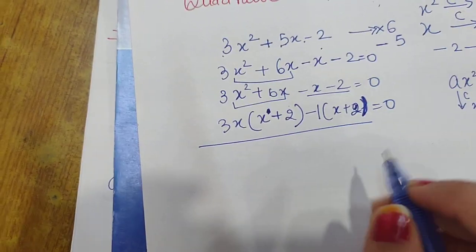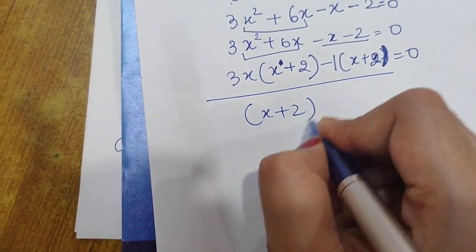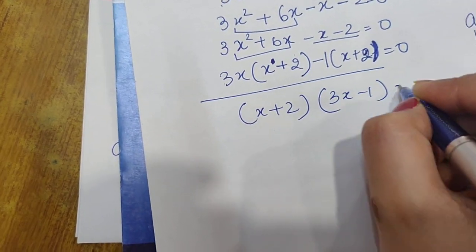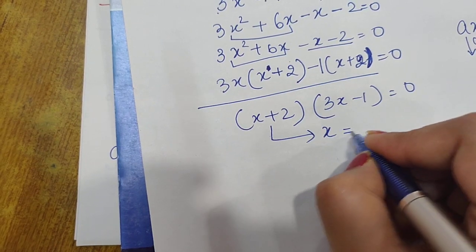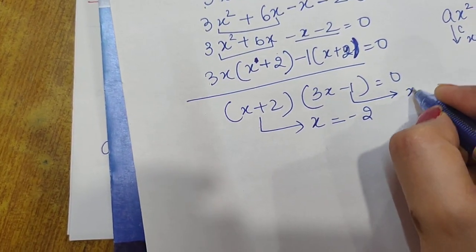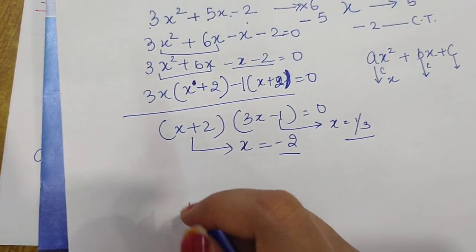Now from this what can we take common? x plus 2. So I am taking x plus 2 common, and the other factor will be 3x minus 1. According to the first factor, the value of x will be minus 2, and according to the second factor, the value of x will be 1 by 3. So these are the zeros of the polynomial.